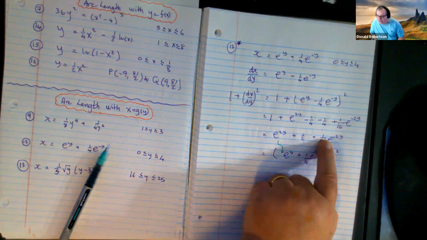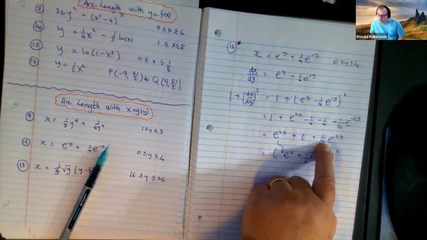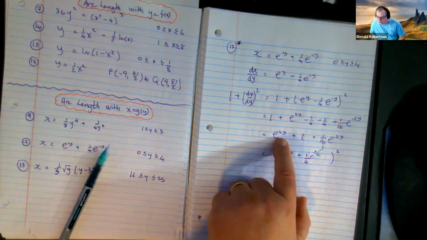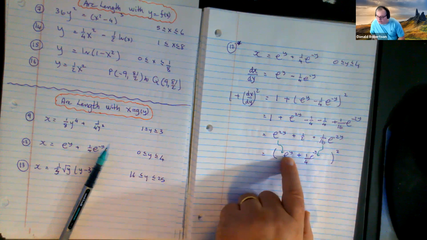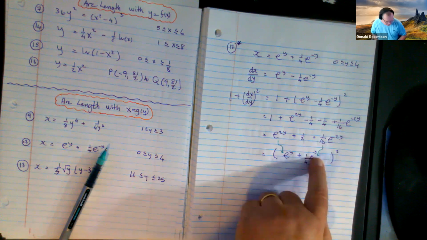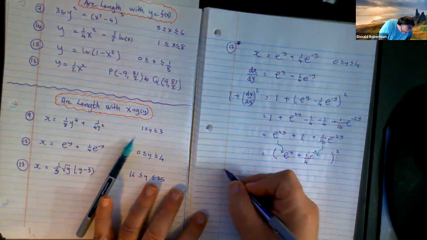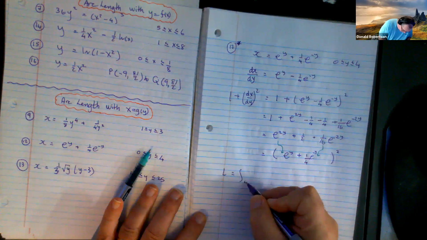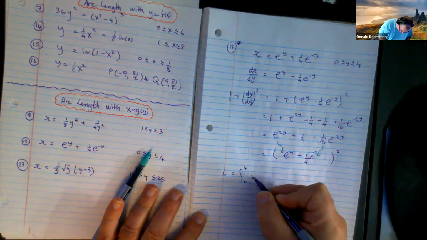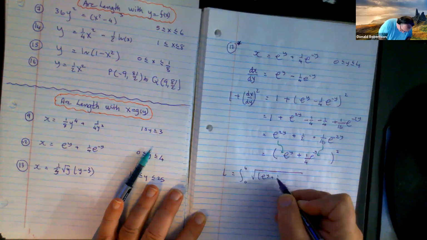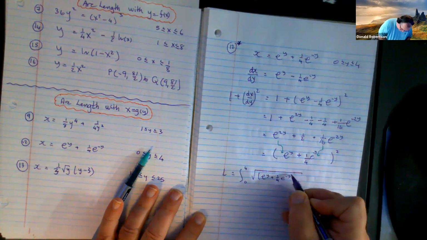And when it's numbers, square roots are a bit more obvious. The square root of 1/16 is 1/4. So essentially, I took the square root of the first term to get this guy, and the square root of the last term to get this guy. So our arc length is going to be the integral from 0 to 4, the square root of this guy plus this guy squared.